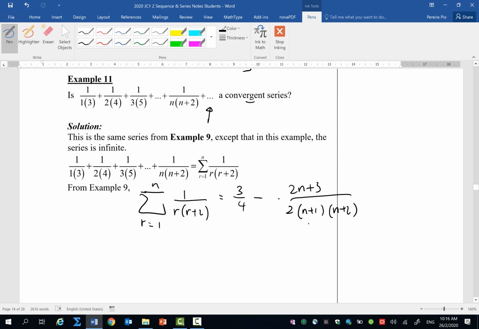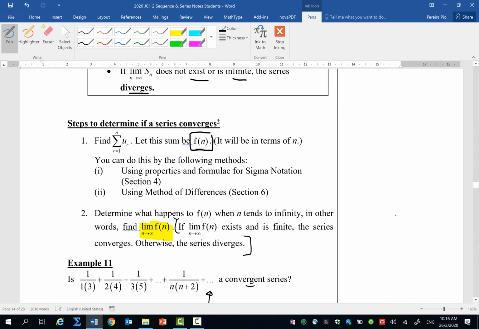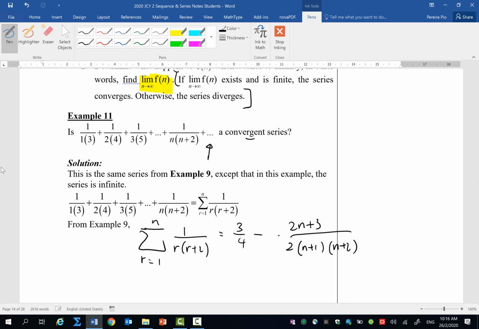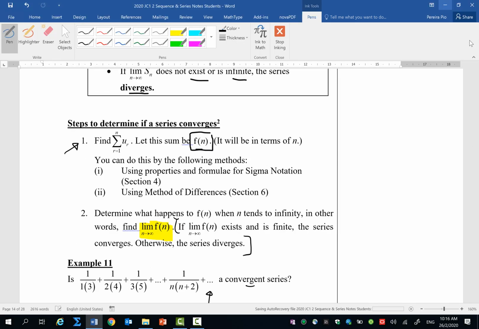The first part of example 9 deals with step 1, because I had defined this sum from r equals 1 to n in terms of n. So example 9 has done part 1 for us. For part 2, what you need to do now is to find the limit.